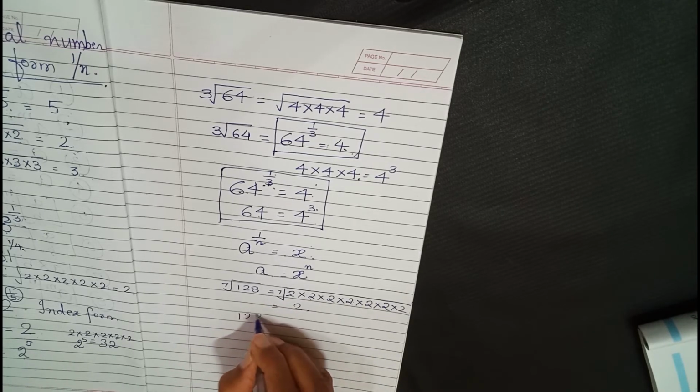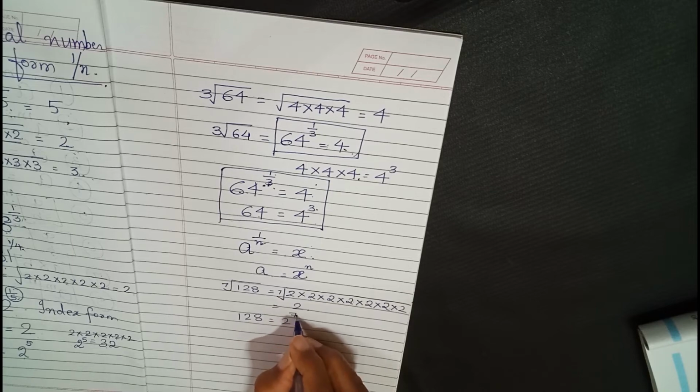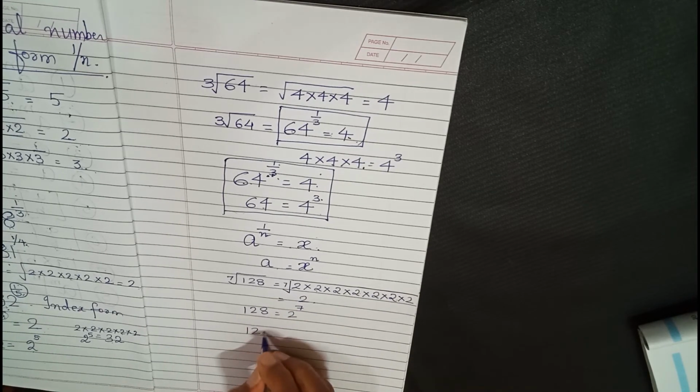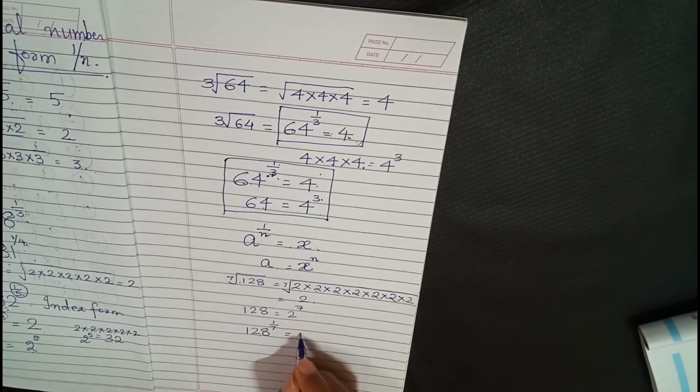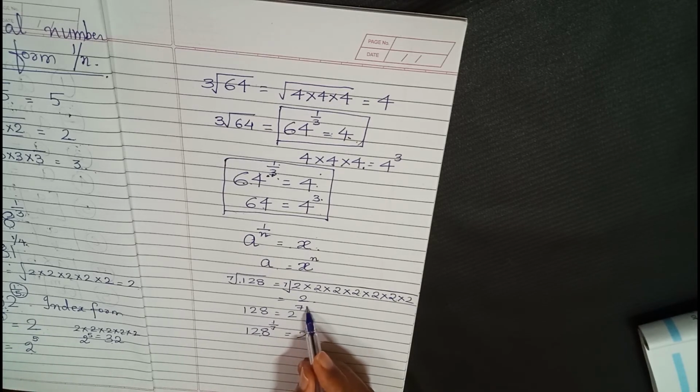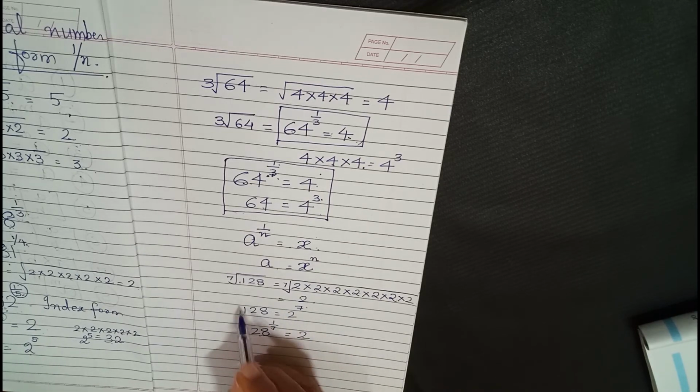And I know 128 is equal to 2 raised to 7. And 128 raised to 1 upon 7 means the 7th root of 128, which I found out here, is 2. So can you see here again, this denominator which was there for the root becomes the power of this number. That is the root that you have removed, right?